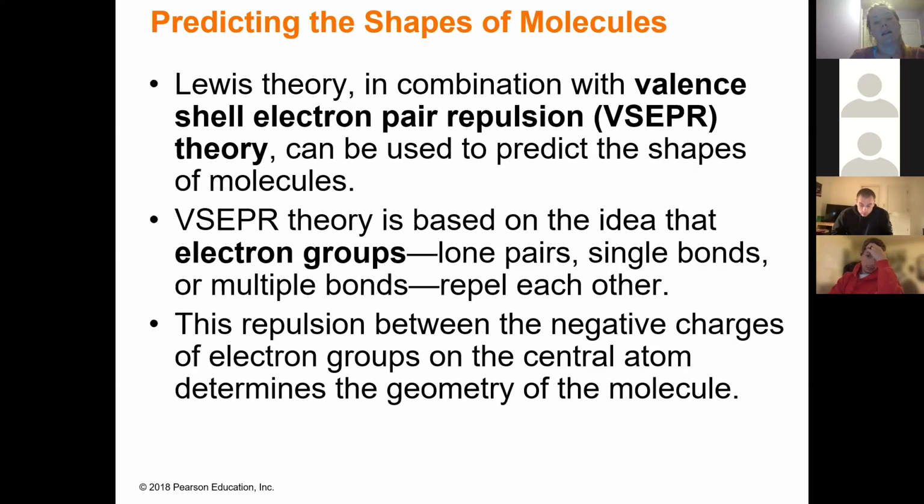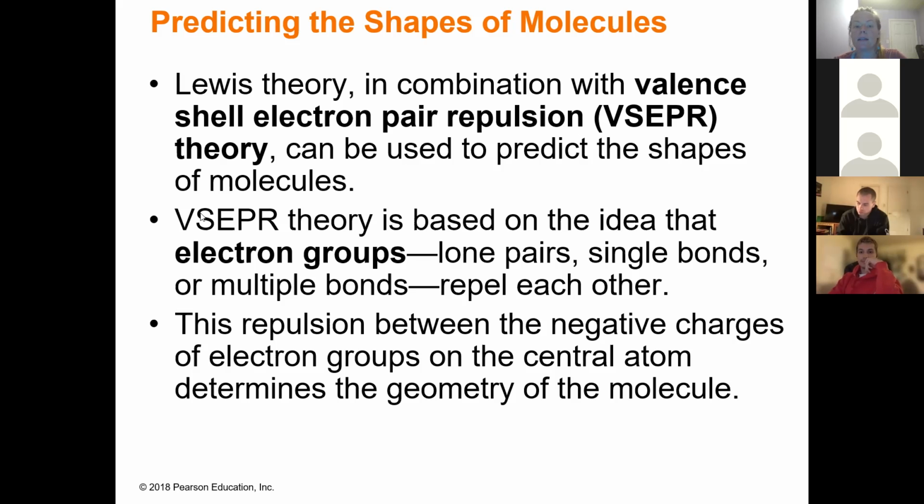So the second part of this theory is known as the valence shell electron pair repulsion theory, VSEPR theory. What it's saying is that the valence electrons want to get as far away from each other as they can. Okay, they are going to repulse or push each other away.